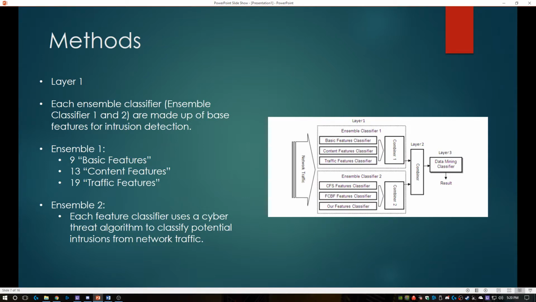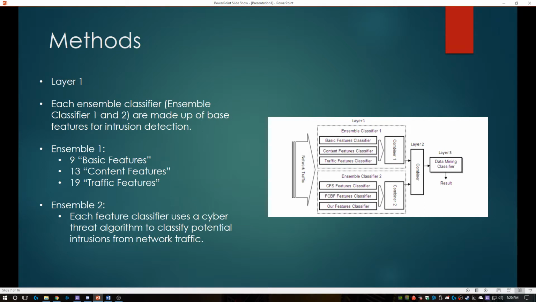So in the experimental design that the researchers used here, you can see network traffic coming in, and the method, or the ensemble architecture, is broken up into 3 distinct layers. Layer 1 has 2 different classifier ensembles that it's going through.